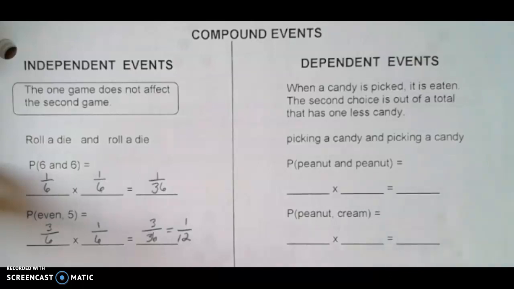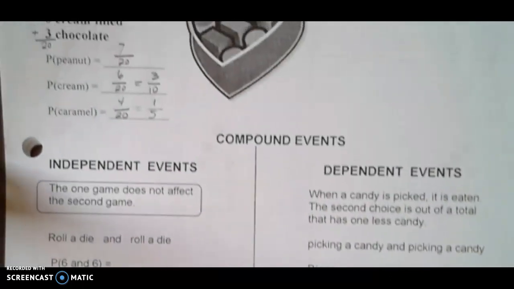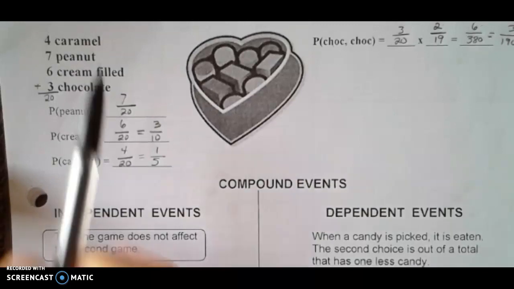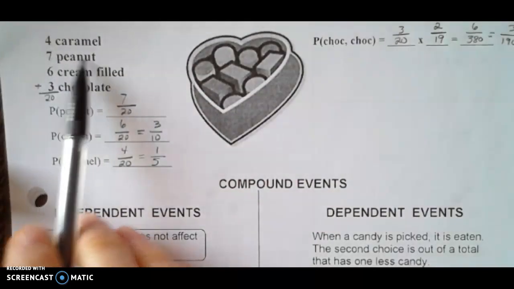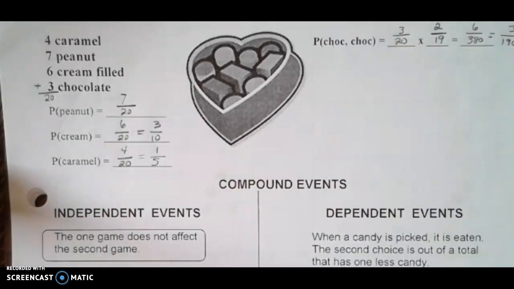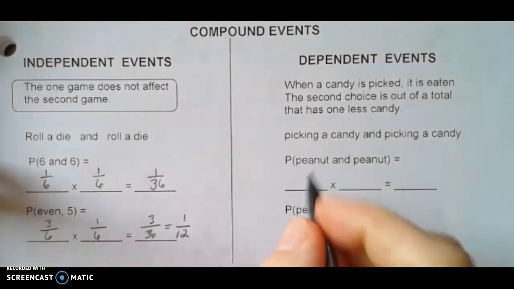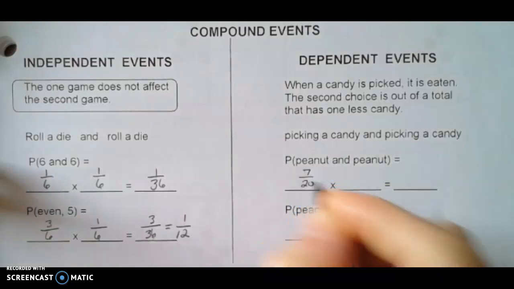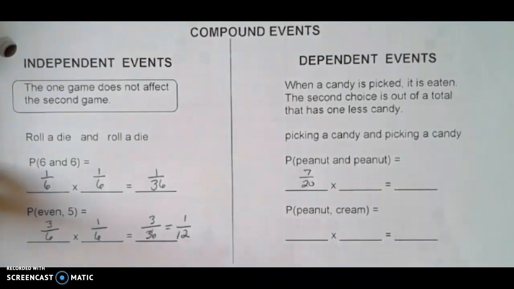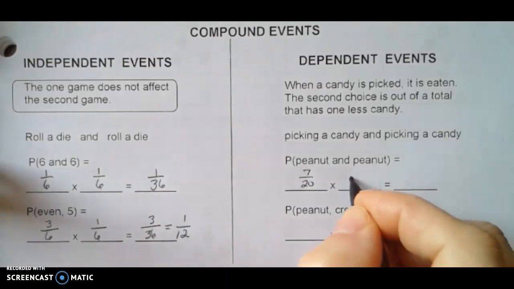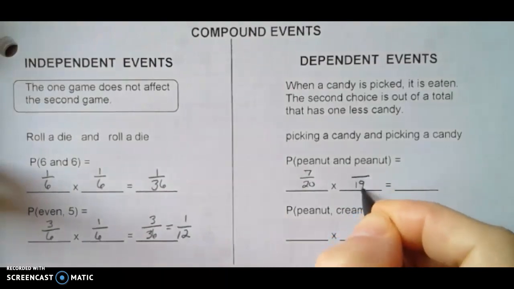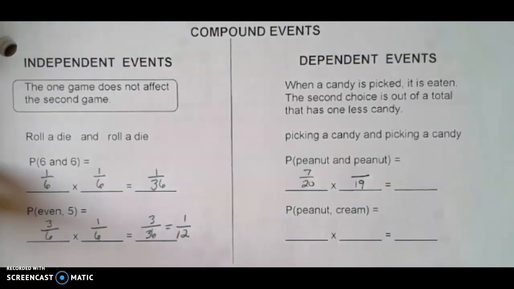So remember, back up here, here's all of our candies. We had 7 peanut candies out of 20 total in the box. So my first probability of getting a peanut candy is going to be 7 out of 20. But remember, I'm going to take that candy out, I'm going to eat it. So now my next probability is only out of 19 because there's 19 candies in the box.